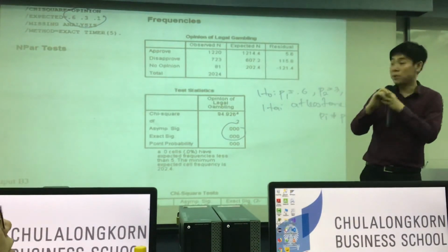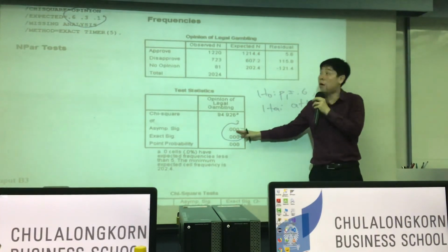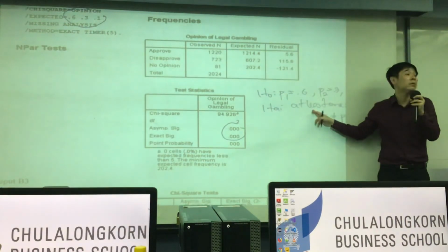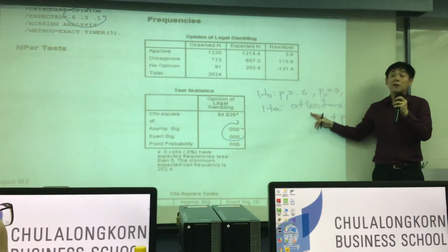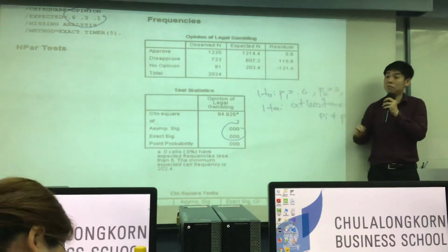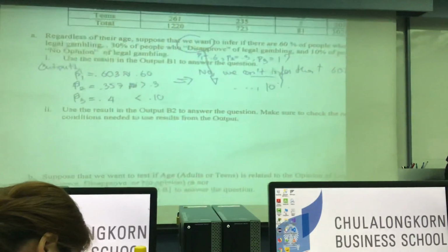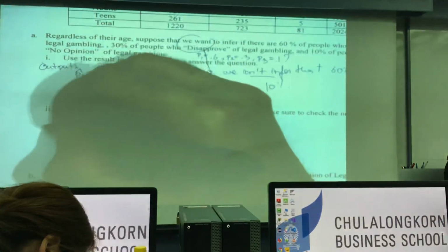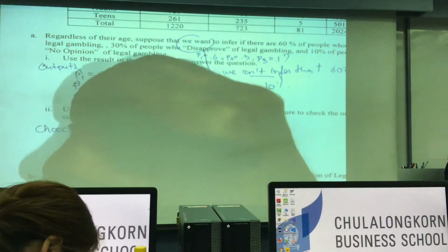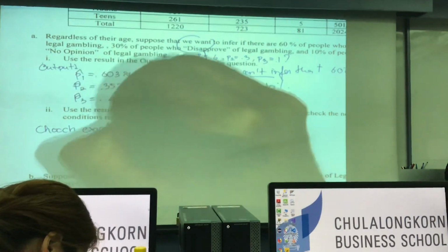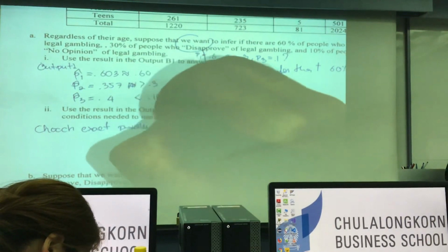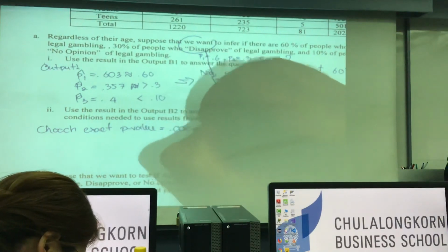No, because the p-value is small. Small, reject H0 and pick the alternative. So in this case, I choose the exact p-value equal to 0.00.